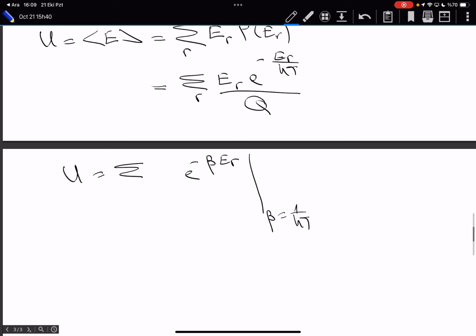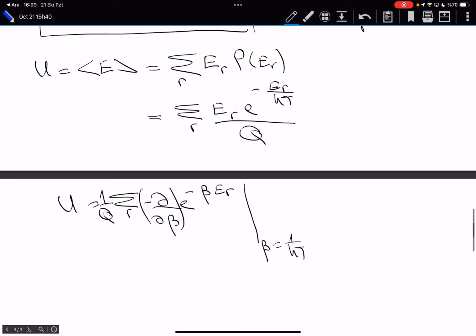Now, if I take the derivative with respect to beta, it will bring down a factor of minus ER. So let me also multiply with a minus sign and divide by Q. Well, what I did was this. I just took the 1 over Q factor out of the summation sign. I have a factor of ER multiplying the exponent.